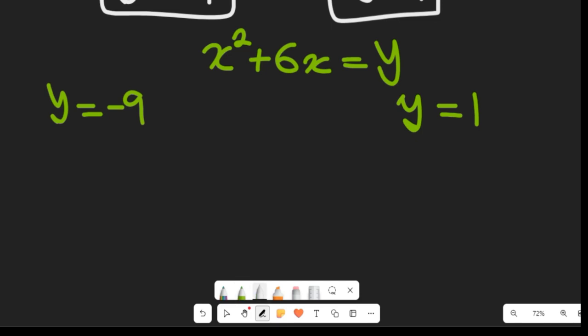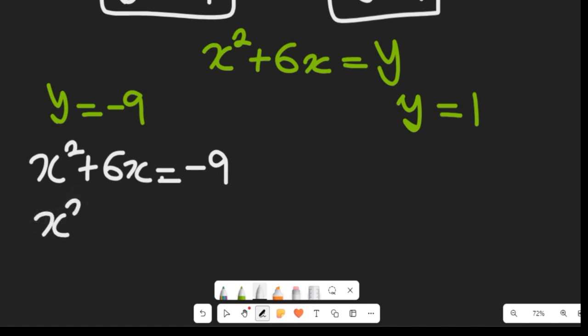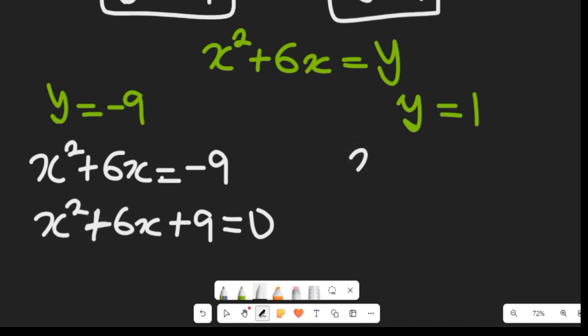And the first, we are going to have x squared plus 6x equal to -9. If we simplify this, we'll have x squared plus 6x plus 9 equal to 0, which is the first equation we're going to have. From the second, we'll have x squared plus 6x equal to 1.